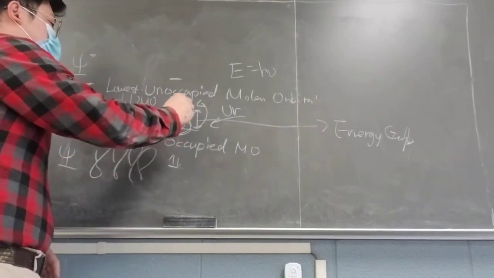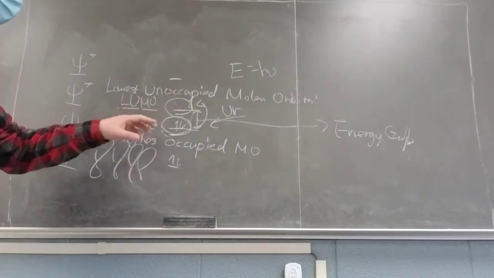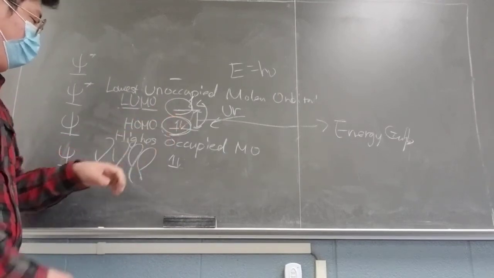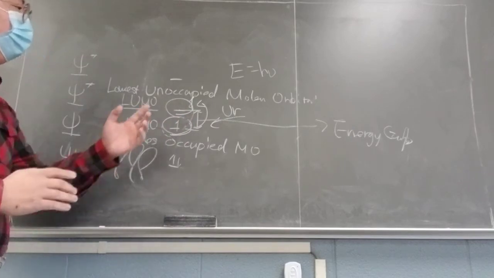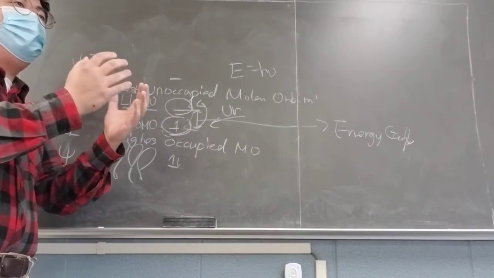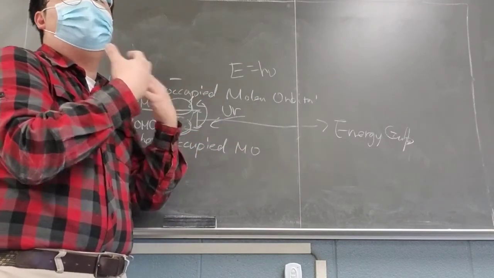Okay? So in that case, meaning when one electron jumps to the next level, they're going to absorb the light, because it's the same as absorbing the energy.